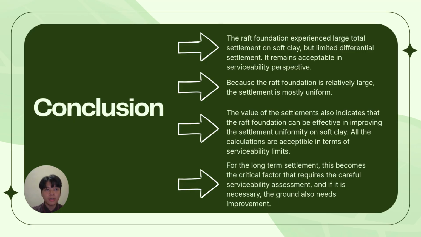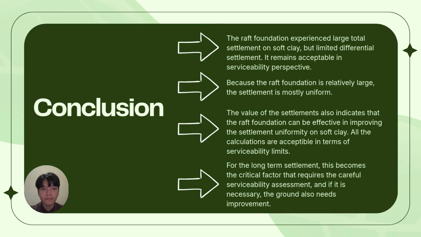In conclusion, the foundation experienced a large total settlement on soft clay, which is 104 mm, but with limited differential settlement, which is only 10 mm. So it remains acceptable from a serviceability perspective. Next, because the raft foundation is relatively large, which is 20 meters, the settlement is mostly uniform.